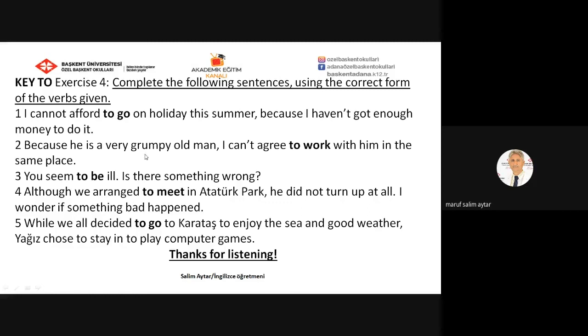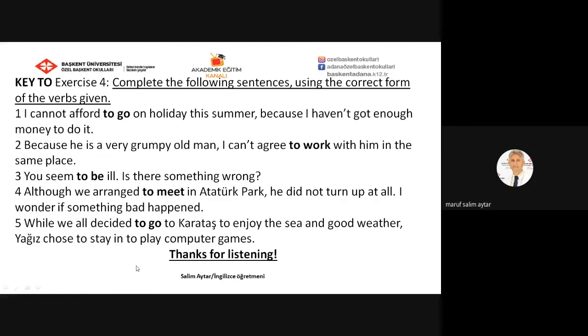Because he's a very grumpy old man, I can't agree to work with him in the same place. You seem to be ill. Is there something wrong? Although we arranged to meet in Atatürk Park, he didn't turn up at all. I wonder if something bad happened.